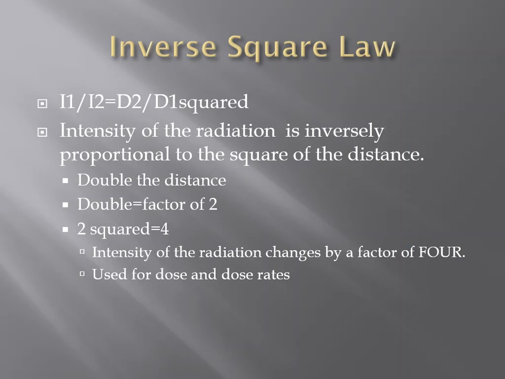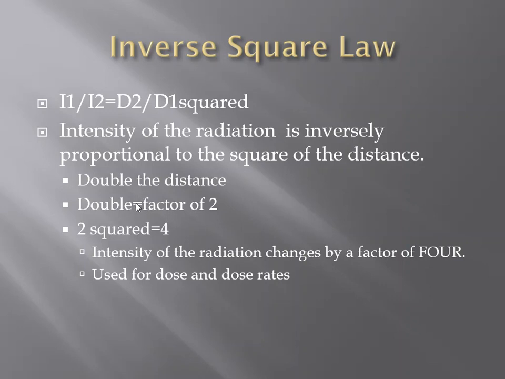The direct square law is technique compensation. So if you double the distance, I know some of y'all are probably still kind of locked into thinking that if you increase your distance by a factor of 2, then your dose is going to go down by a factor of 2, and that's not right.